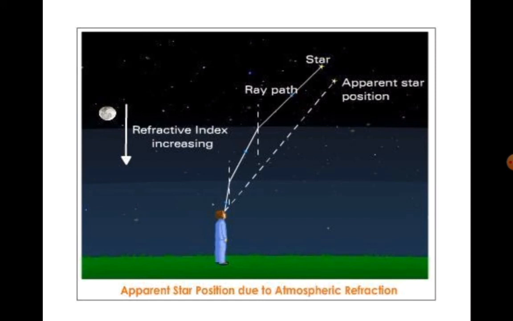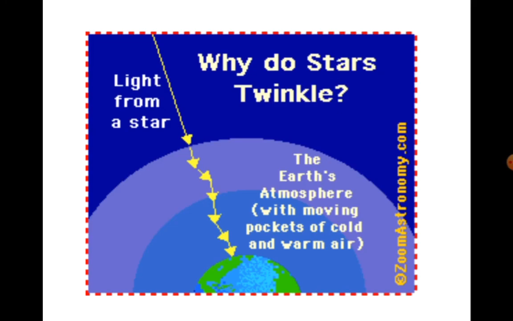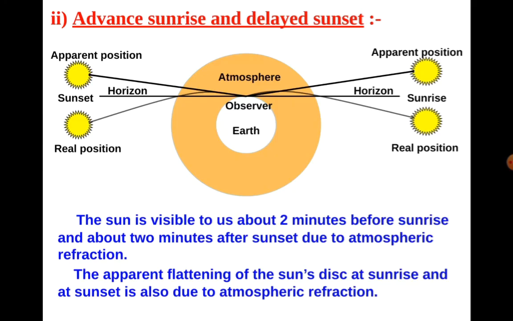There is another question in the same topic: advance sunrise and delayed sunset. You can see that the sun is visible to us about 2 minutes before the actual sunrise. Why does it happen? When the sun is slightly below the horizon, the sun rays coming from space into the earth's atmosphere, which has different densities, suffer refraction and therefore bend towards the normal continuously.